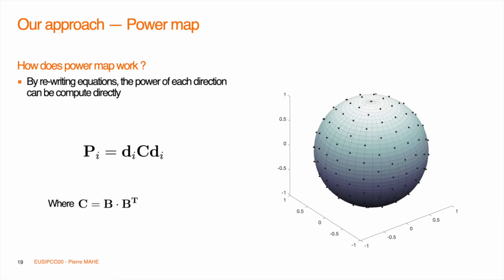By rewriting the equation, the power in all directions can be computed directly from the covariance matrix of the ambisonic signals. The covariance matrix is noted C. The interesting thing is that a small symmetric matrix is enough to compute all points' power. For example, in FOA, only 10 different values represent power in all directions.